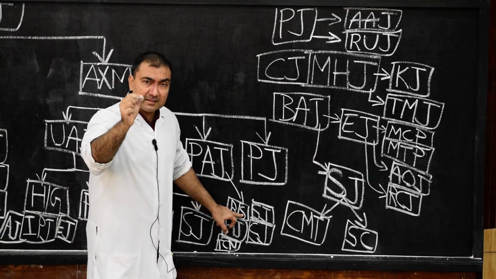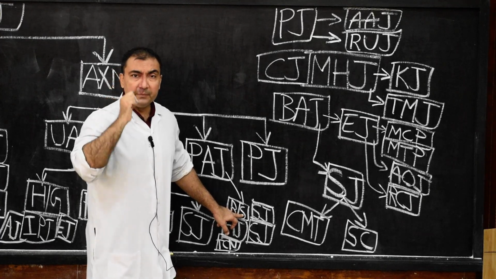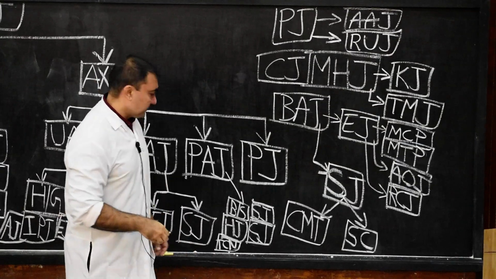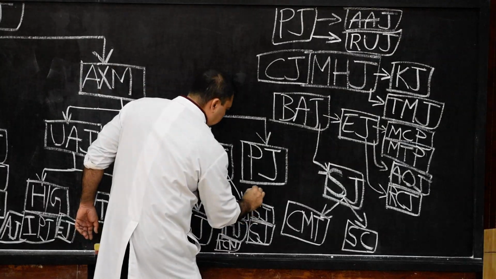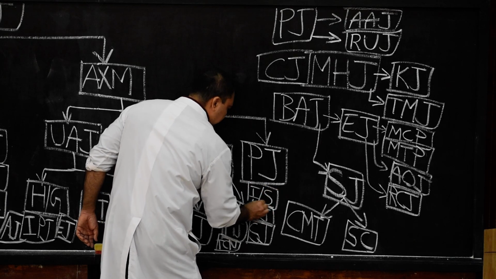And lastly, the smallest joint which is present in the middle ear cavity, the joint between incus and stapes. This is also asked in MCQ.